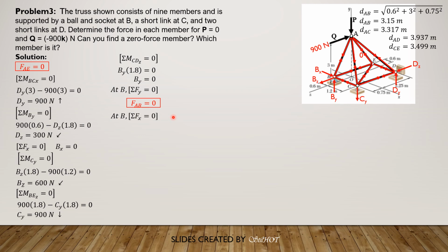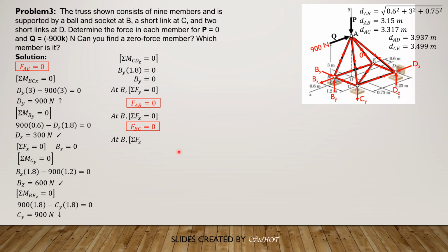Summation forces x equals 0 at B. So we have Bx plus FBC equals 0, because AB has no component along the x-axis since FAB is 0. So therefore, FBC is also 0.